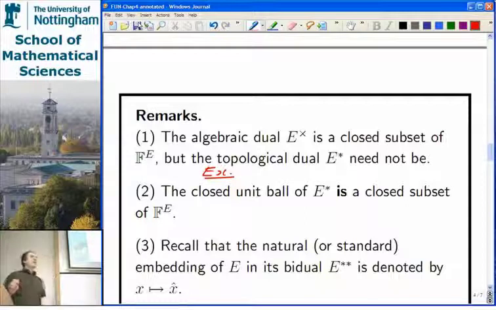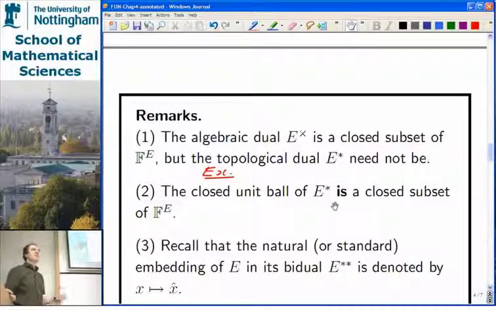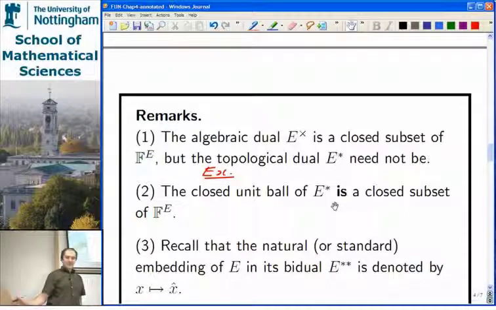However, a nice thing does happen. The closed unit ball of E star is a closed subset of F to the E. So although E star itself isn't usually, if you go to the closed unit ball, it is. And that's good.